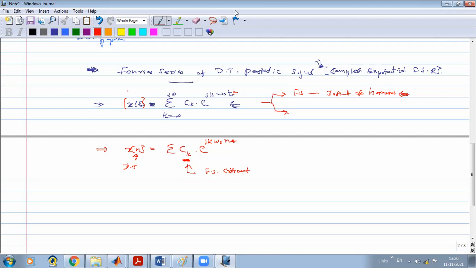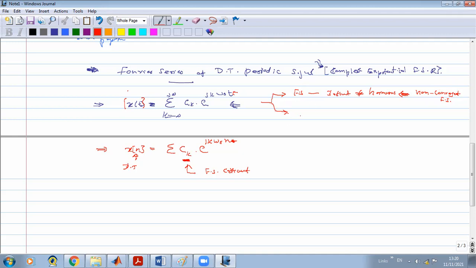Can any of you remember? If the Fourier series has an infinite number of harmonics, what do we call it? We call it a non-convergent Fourier series. That means the series is not converged, not limited to a finite point.